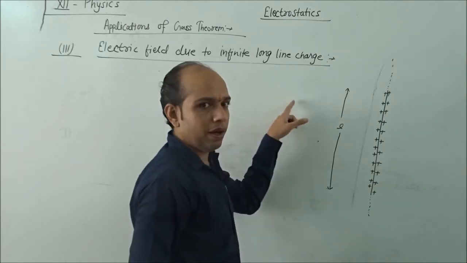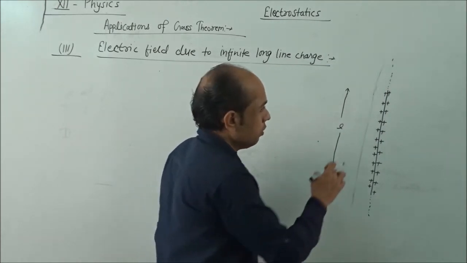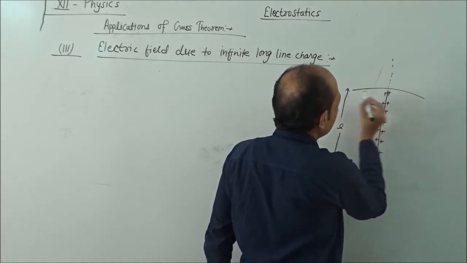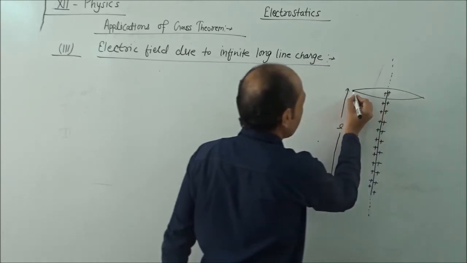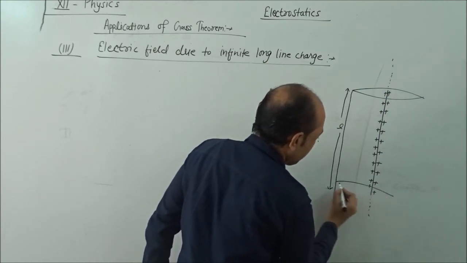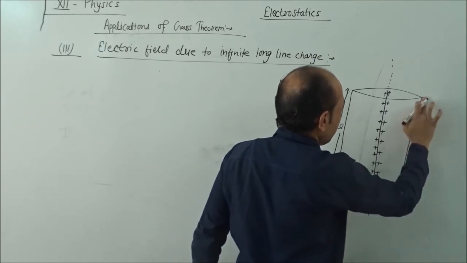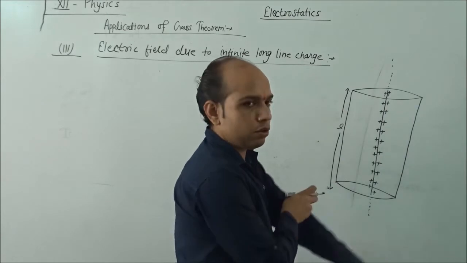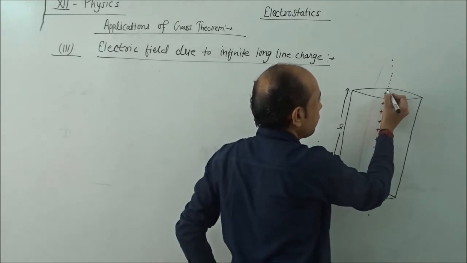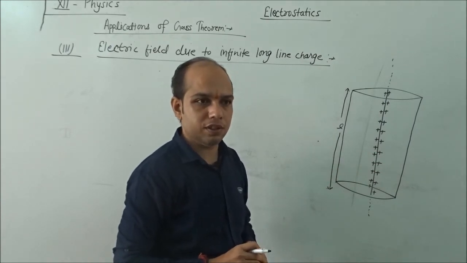Now in order to apply Gauss theorem again, we require a symmetric closed shape. So for this wire, a cylinder is the imaginary Gaussian surface, and the charge is inside this imaginary Gaussian surface.